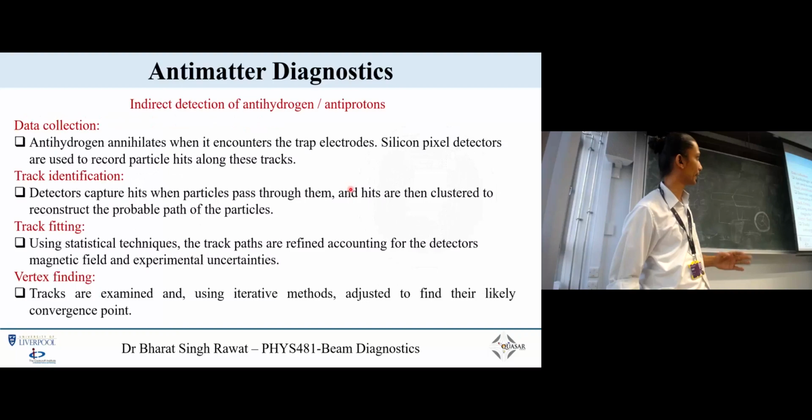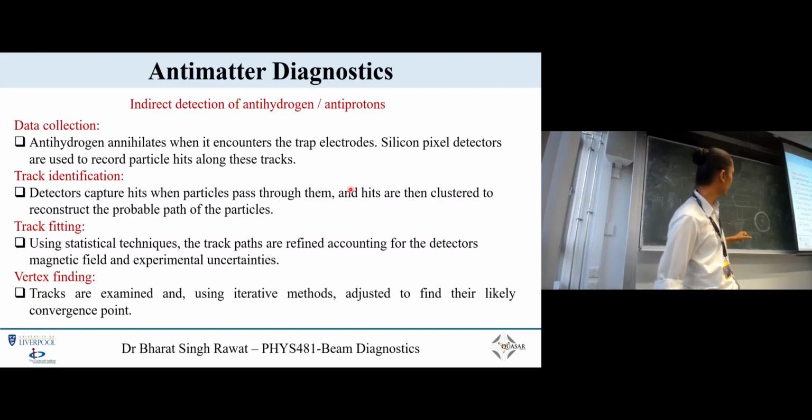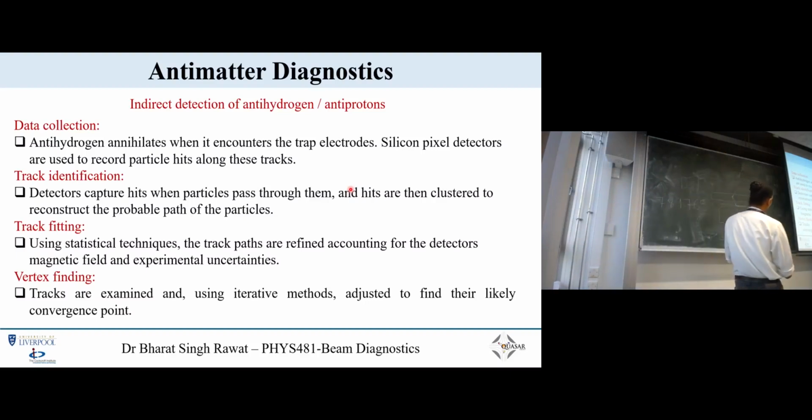So the indirect way of detecting antiprotons or antihydrogen begins with data collection. We collect all the data. All these fibers are connected to amplifiers and digital signal processing, which give you the time of each signal detection.